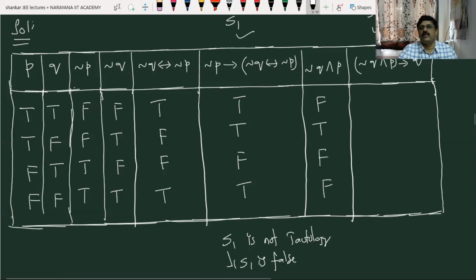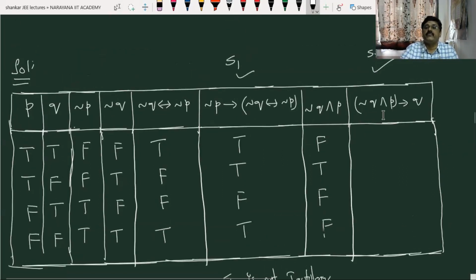Now last, see, students, negation of Q and P implies Q. So this column, carefully watch, students, I mark here. This implies Q. F implies T. See, students, last, negation of Q and P implies Q. So this column and this column you observe.